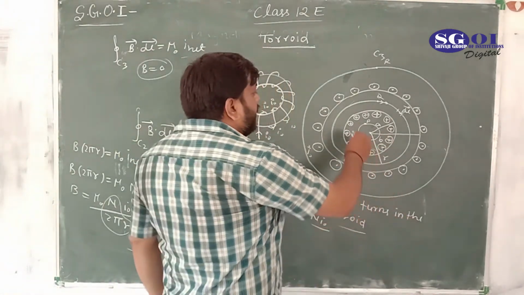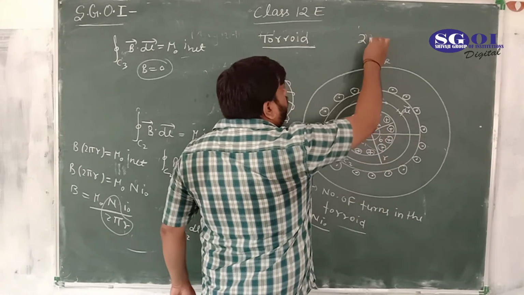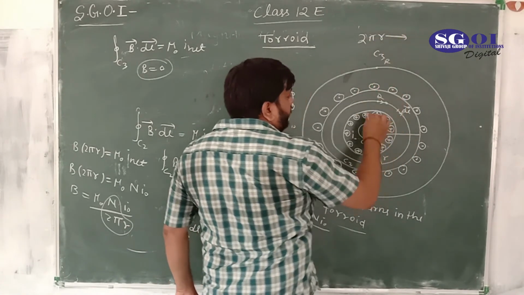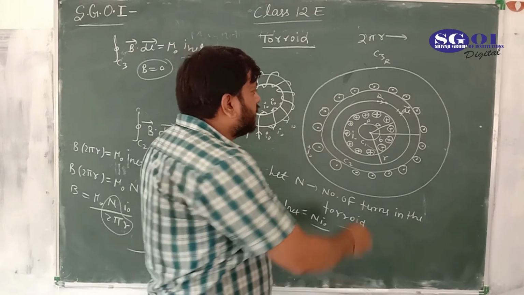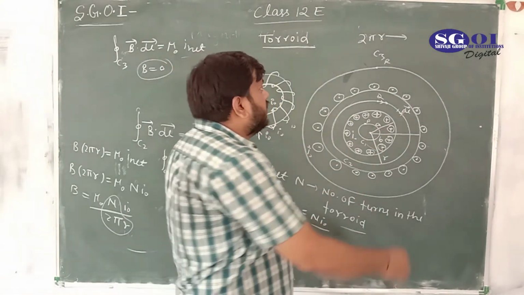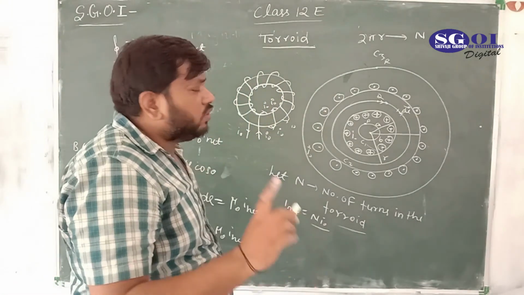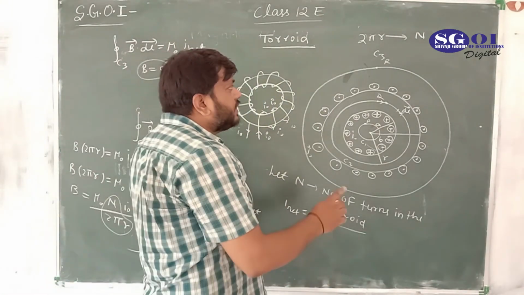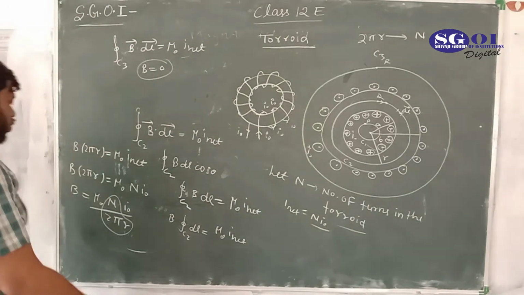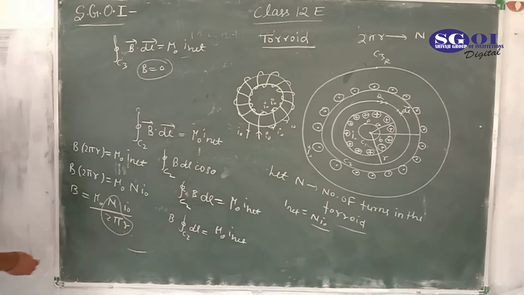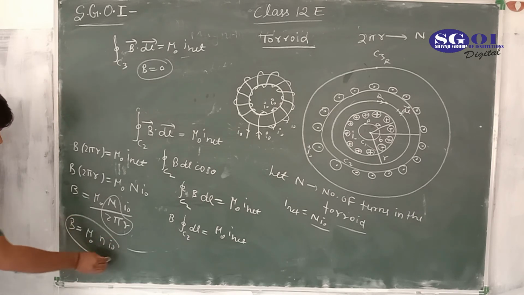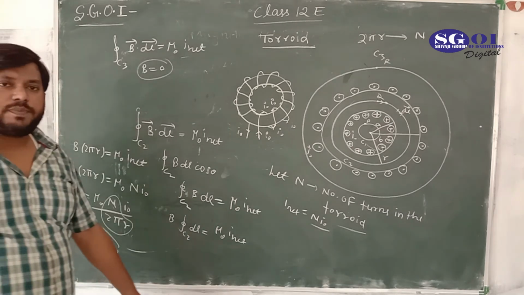It means in 2 pi r length, which is the circumference, there are N number of turns. So the turns per unit length is what? It is N upon 2 pi r. So N upon 2 pi r is the turns per unit length. So it can be represented as small n I naught. N upon 2 pi r is small n, the number of turns per unit length.